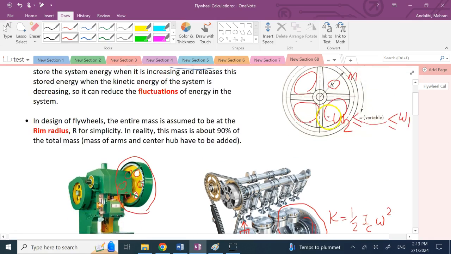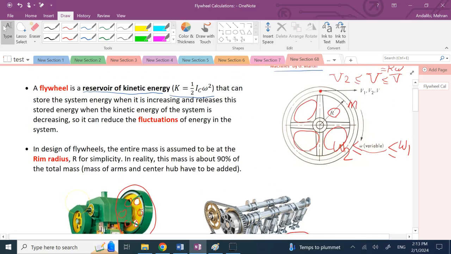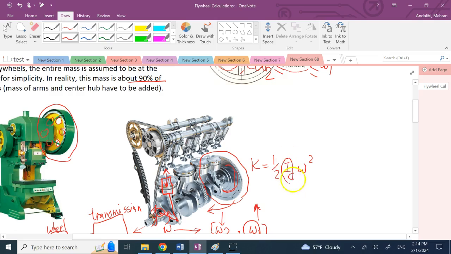Some of them are, but if they are, they try to have about 90% of the mass around the radius r, and the other 10% is basically the mass on these arms and the center hub. Why do they do that? Because if you make the mass of the object further away from the center, then this entity I is going to go up.